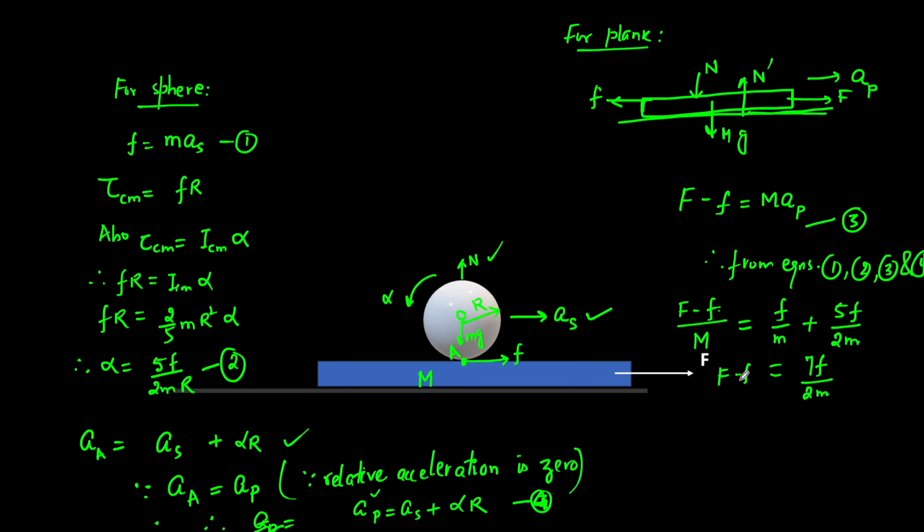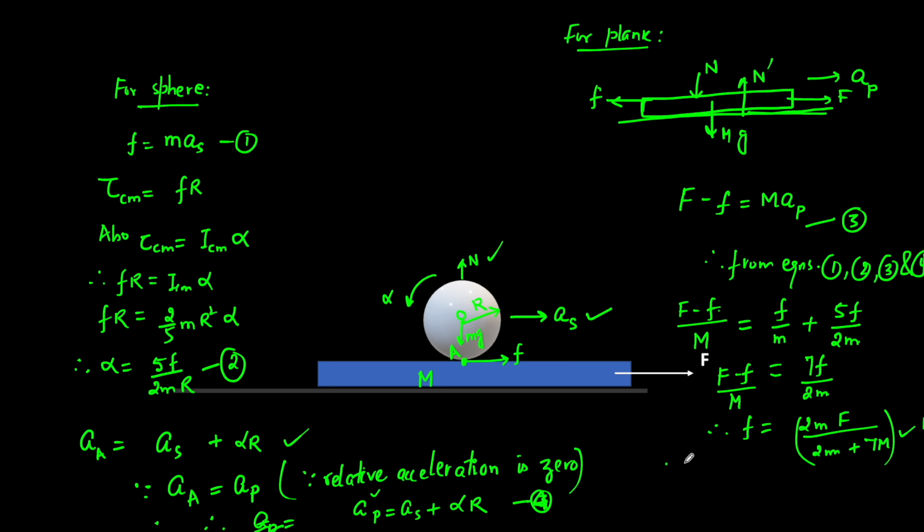So F minus small f over M is equal to this. Therefore, small f is equal to 2mF over 2m plus 7m. So this is the frictional force.